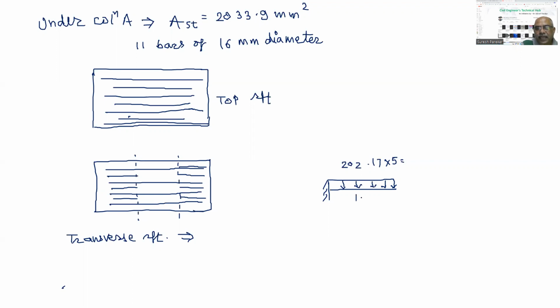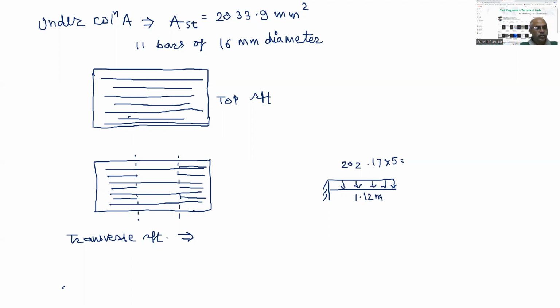And this distance is the cantilever portion beyond the face of the column, which is 1.31 minus 0.19, so 1.12 meters.